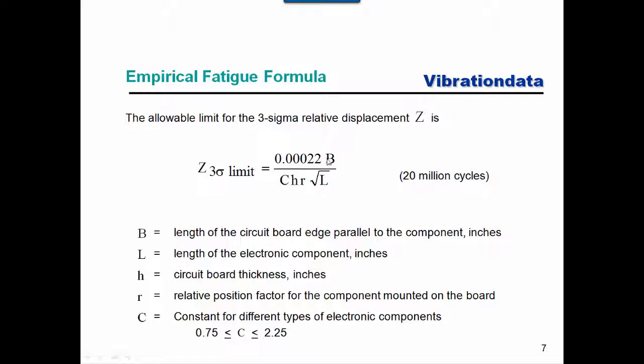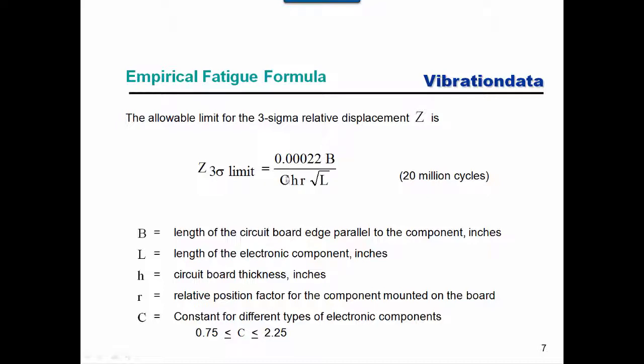So B is the length of the circuit board edge parallel to the component in inches. And square root of L, L is the length of the component in inches. R is a position factor. We'll talk about that momentarily. H is the board thickness. And C is an empirical constant. It can be as low as 0.75 or as high as 2.25.